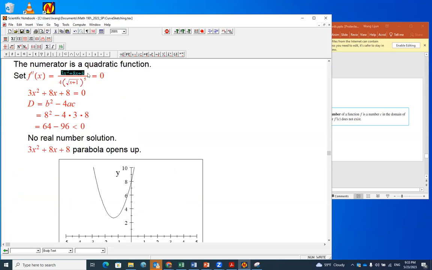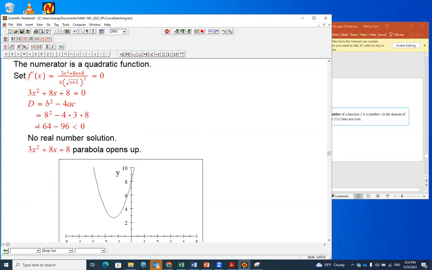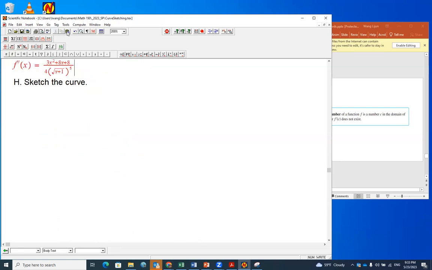If the numerator is always positive, and the denominator is always positive, this tells us that the second order derivative is always positive, for all the x's, for all the real numbers.